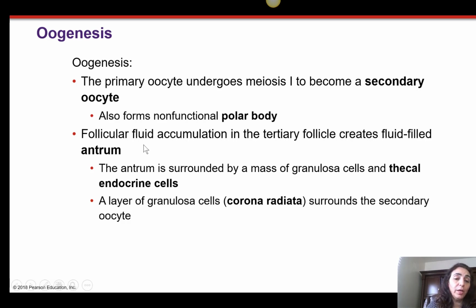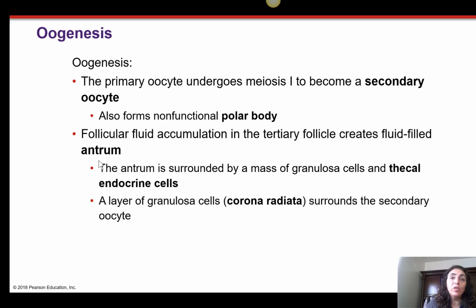Then follicular fluid accumulates in the tertiary follicle. We're going to talk about all these follicles in detail. It creates a fluid-filled antrum. Whenever inside the cells around the oocyte we see a space forming that is filled with fluid, we call that follicle a tertiary follicle, and that space is called the antrum.